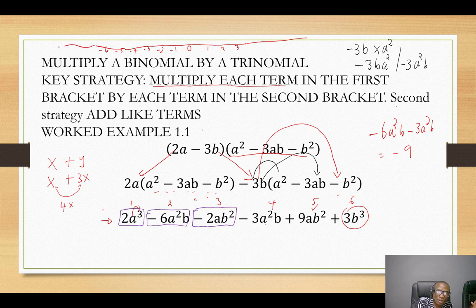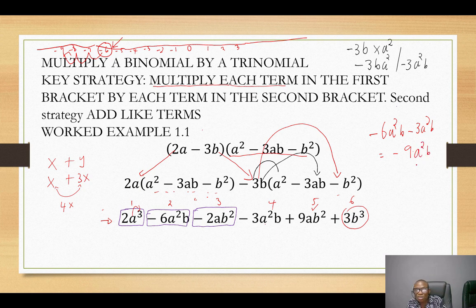Now, minus 7, minus 8, minus 9. So minus 6 minus 3, I'm saying it's minus 9. So imagine you are here at minus 6. So you move to the left 3 times. Minus actually might be saying move to the left 3 times. So you are at minus 6 and you move to the left 3 times. So it's 1, 2, 3. You are at minus 9. So it's minus 9a squared b.